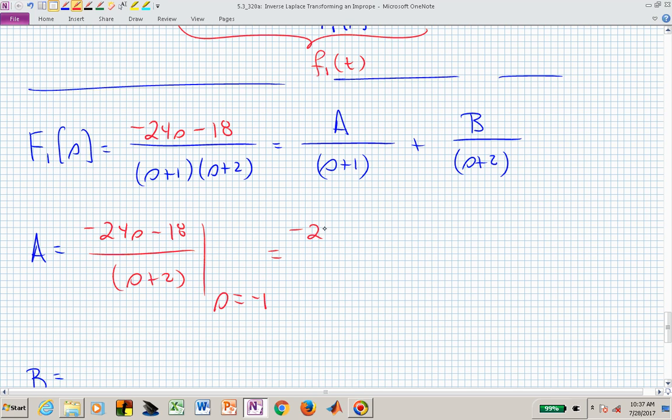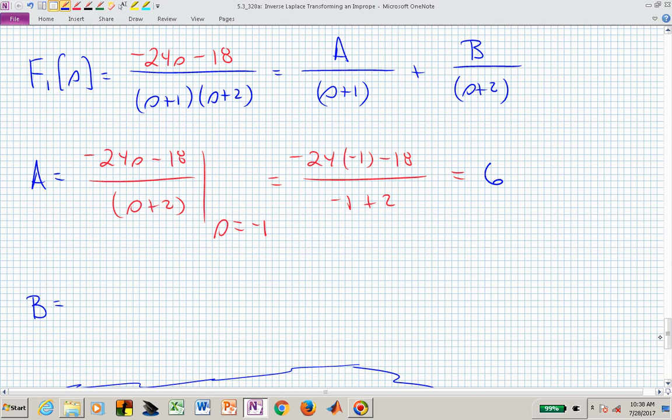We now have minus 24 times minus 1 minus 18 over minus 1 plus 2, or that's 1 downstairs, and we have 24 minus 18, which gives us 6 for the value of A.